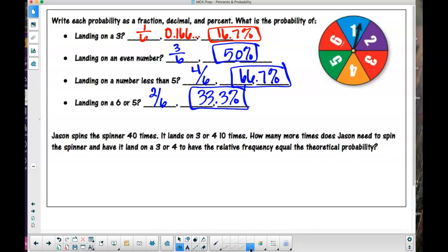Okay, I think there's some words that we've never seen in there. I'm not sure why they use relative frequency. You guys, all that means is experimental probability.